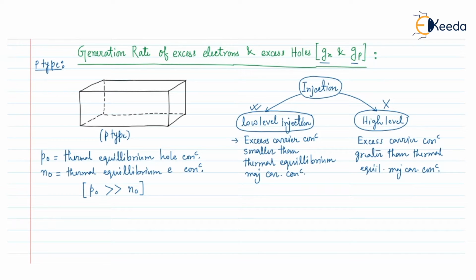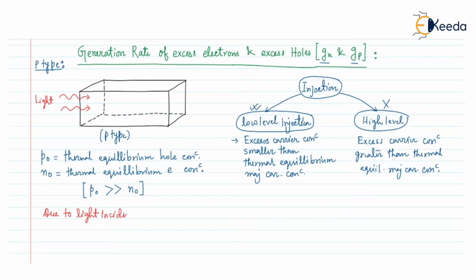Now let us assume that we have incident a light on this surface. Due to the incident light, excess carriers will be generated near the surface. So we can say that we have injected some amount of excess carriers inside the p-type semiconductor by incidenting a light.